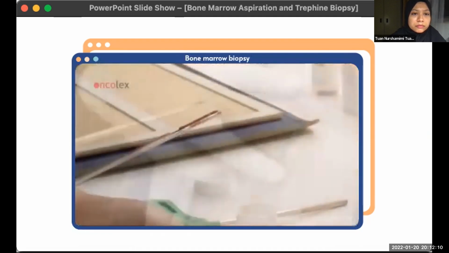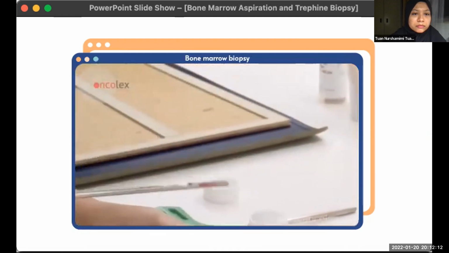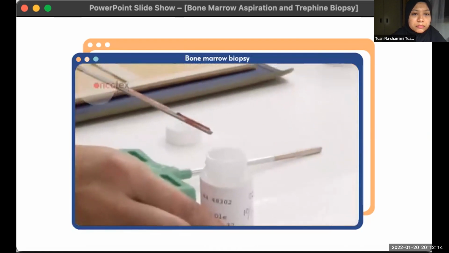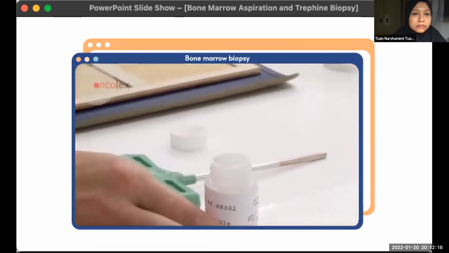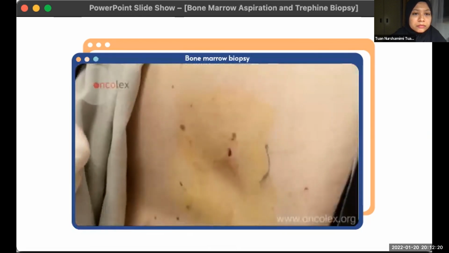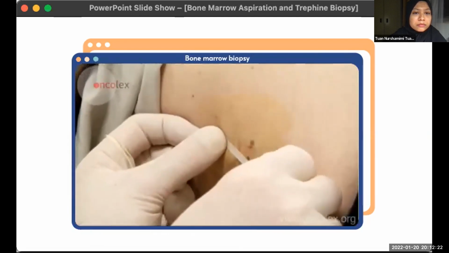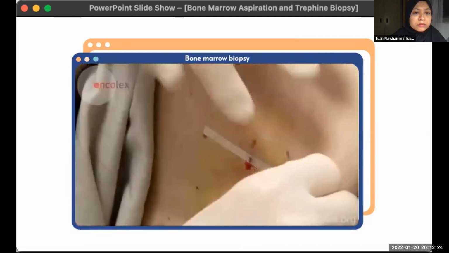The spoon is carefully removed from the needle, and the biopsy is put in fixation fluid using a blunt trocar. The incision is closed with strips and covered with an adhesive bandage.